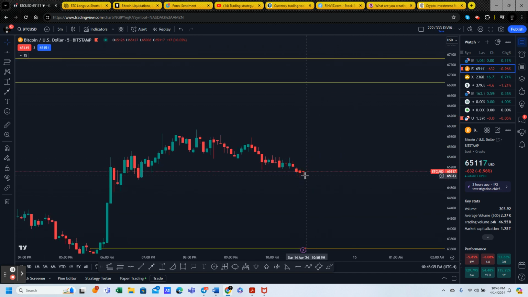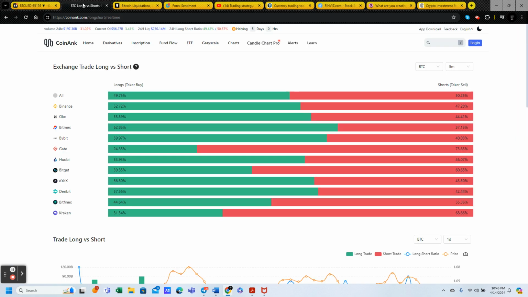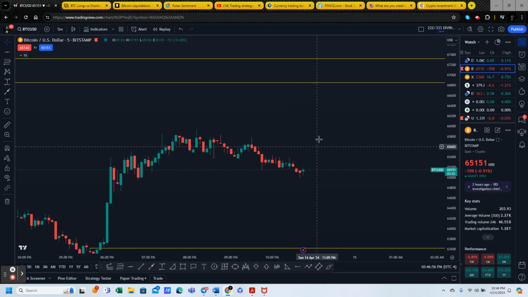So you're gonna fight in this area, right? Until you see how now it seems like it's trying to break. So let's go back and let's check. Okay, now you see we got the 52%. So we're breaking away a little bit. But imagine if you start seeing 60s, 70s on the longs. That means now we're starting to see a better rally. All right. So yeah, that's interesting.